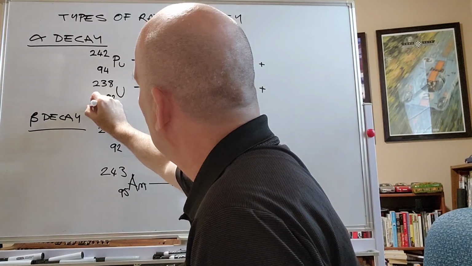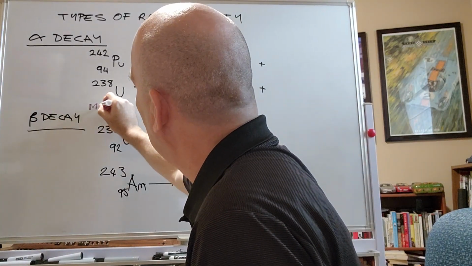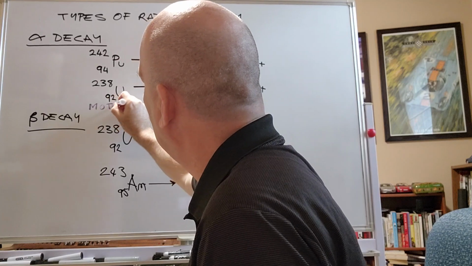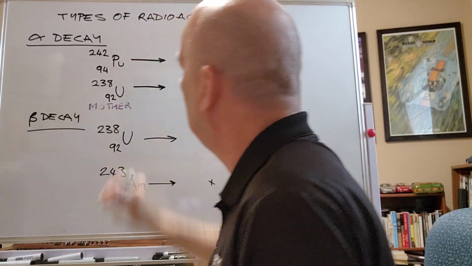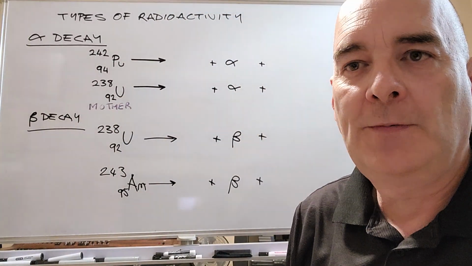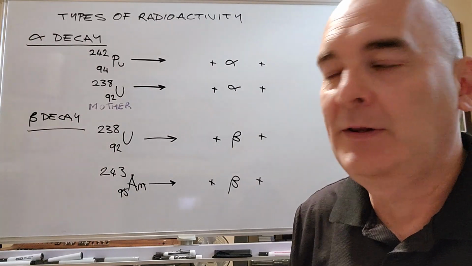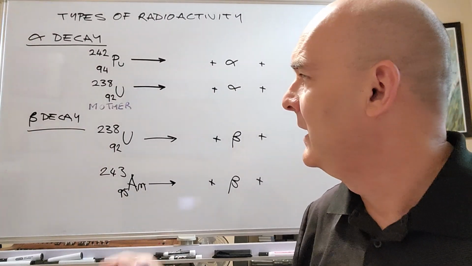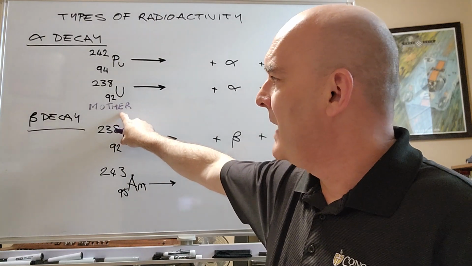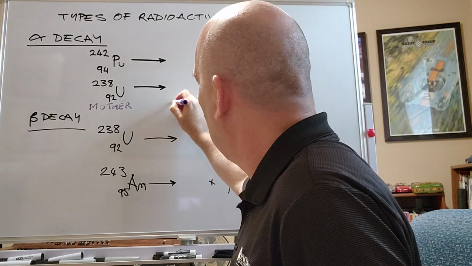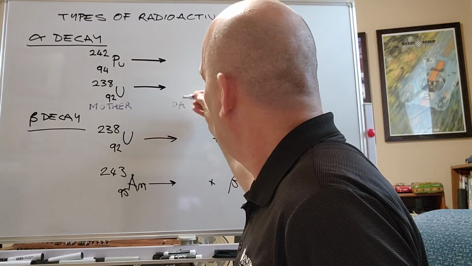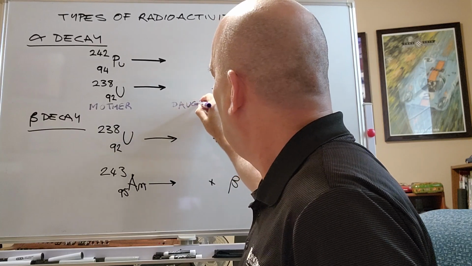This process turns an isotope, or a nuclide as they're called in the nuclear industry, that is a mother, into something that is known as a daughter.